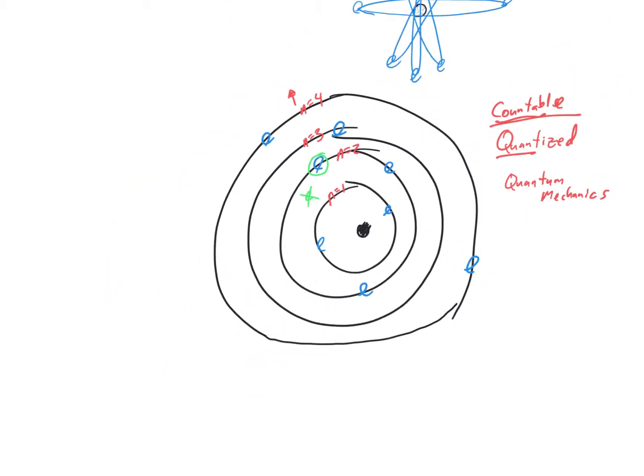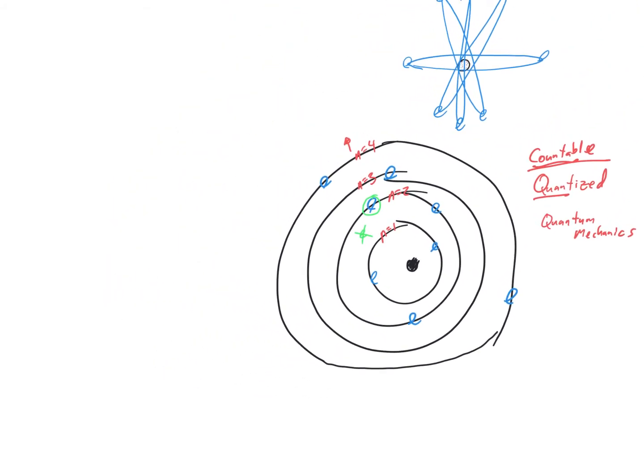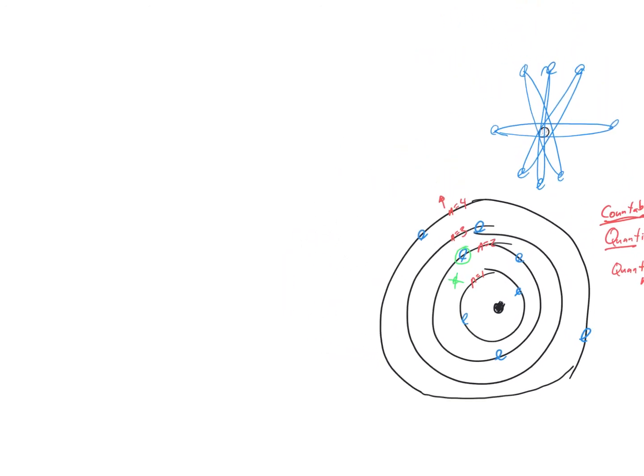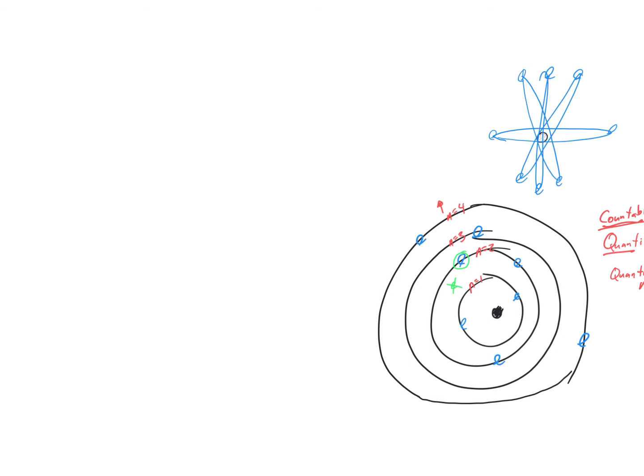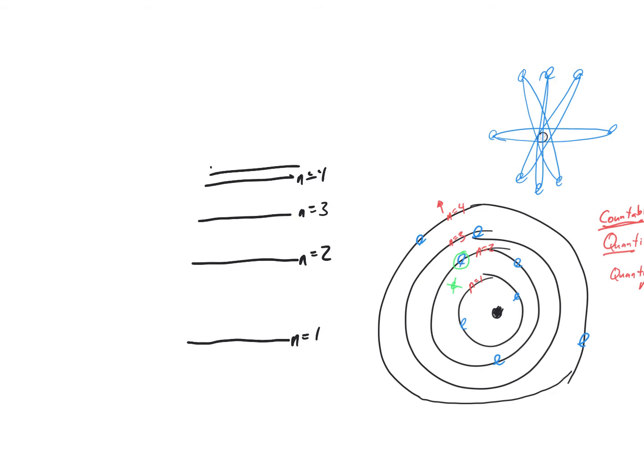Now this drawing is rather cumbersome. Instead, I prefer drawing these energy levels as a ladder. So we have our very low energy level, our n equals 1 energy level, n equals 2, n equals 3, n equals 4, and there could be a whole bunch of them all clustered together, and then there's some free.